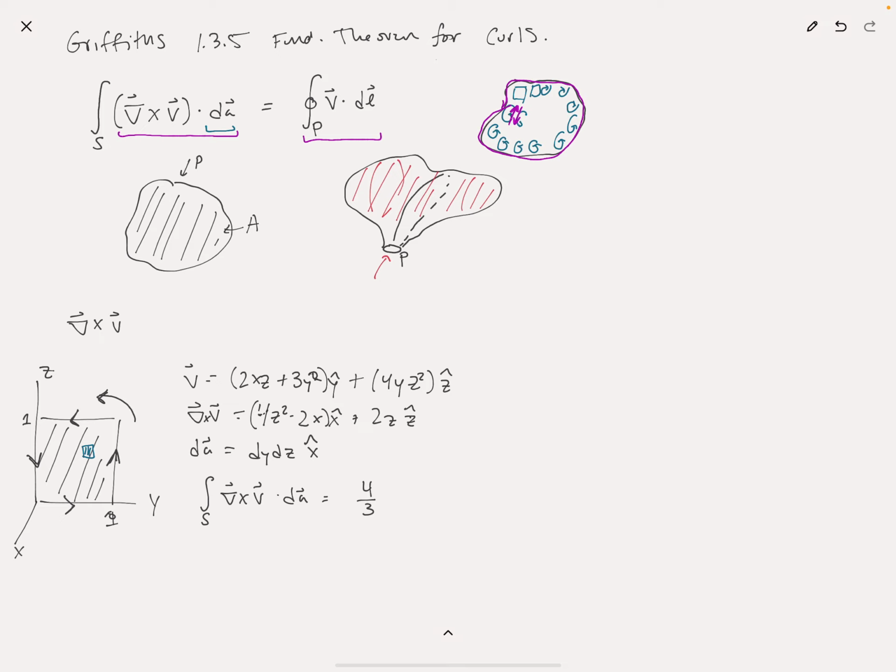And now what I need to do is the other side of my fundamental theorem for curls. I need to evaluate over my closed perimeter the dot product of my field with my infinitesimal length, dl.